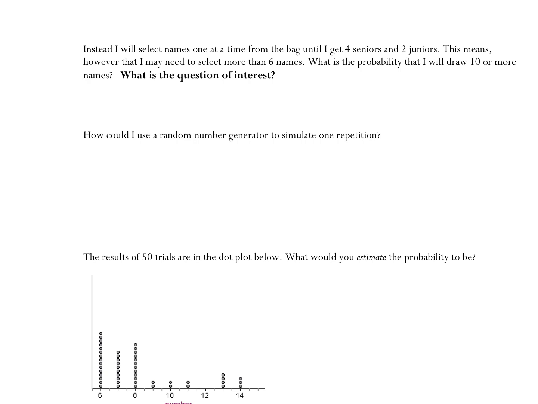I'm just going to keep drawing until I get a sample that has 4 seniors and 2 juniors in it, so that it is a representative sample. And my question is, what is the probability it takes me 10 or more tries to get that amount of names? Do you guys get what I'm saying? What is the probability?